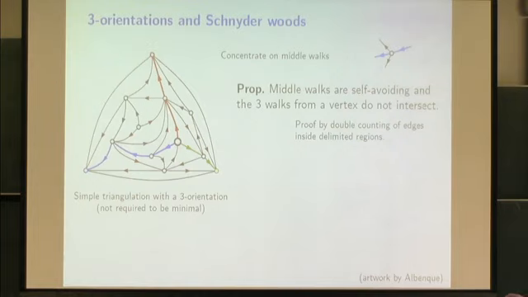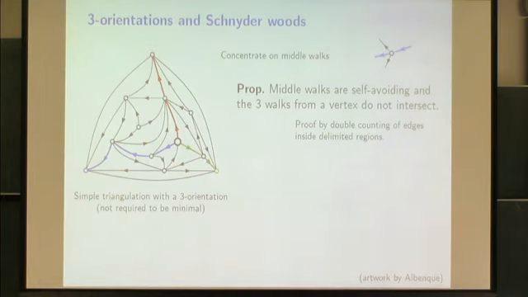It will always be like that. The middle walks that I create like that are self-avoiding. That is, they cannot make loops, and also the 3 paths that you create cannot intersect. And this follows just by simple counting arguments using Euler's formula.